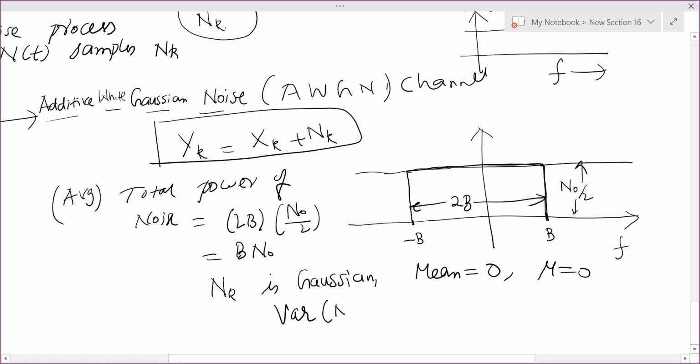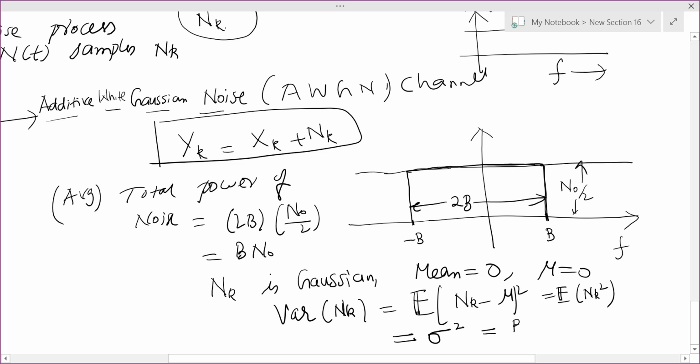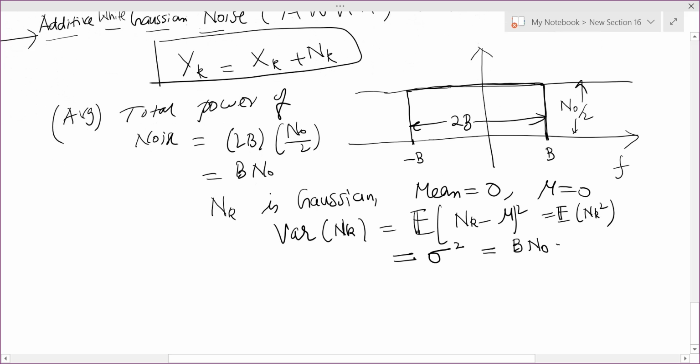The variance of this noise, by definition, is the expected value of (nk minus mu) squared, which is now the expected value of nk squared. This is nothing but the average power. So this will be the variance, which we denote by sigma square, and that is given by b times N naught. This is the variance of the Gaussian noise.